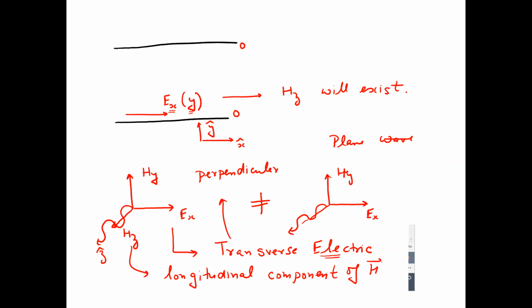Transverse electric means all the electric field is transverse to the direction of propagation, but the magnetic field has a component in the direction of propagation. This becomes one type of solution which can exist in this simple case of a parallel plane. What is the other solution which can exist?